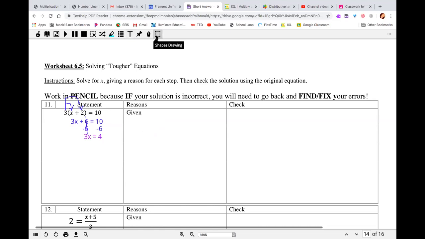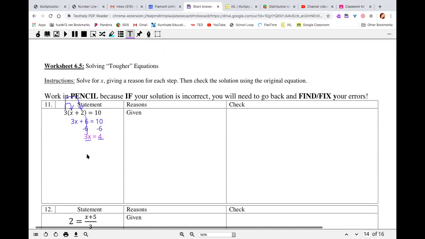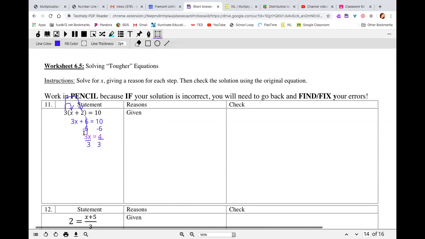What do I do next? Divide. Divide both sides by what number? 3. All right, these 3s cancel out.